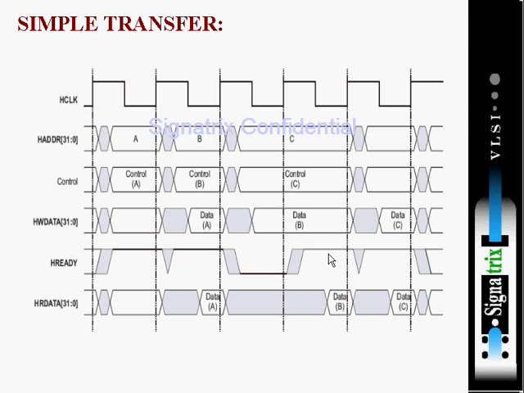Okay, in the next clock cycle, the slave is giving the HREADY signal as high. So that means now the slave has received the data. So in the next clock cycle it may put another address. So this ready signal is actually an acknowledgement signal from the slave side.